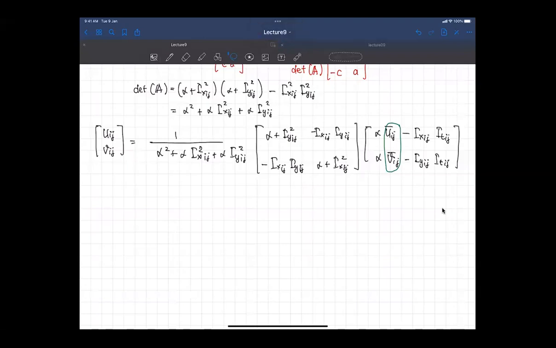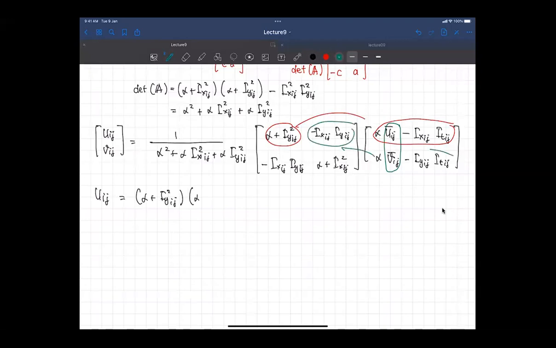Yeah, so then let's look at the solution for uij. v will be similar to u anyway, so I will skip v and focus on uij. This one will be alpha plus Iyij squared multiplied by alpha, so basically this one multiplied by this here, and this one here multiplied by that one, right? That will give you uij.